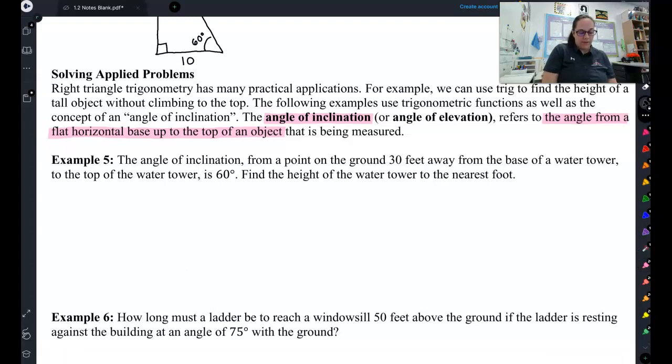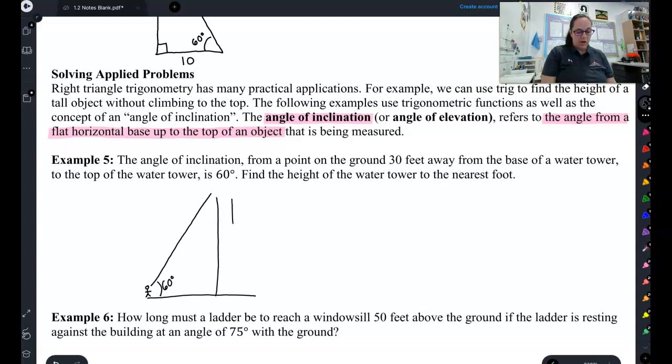So we have a flat horizontal base, and this is the angle up to the top of some object. And it says the angle of inclination from a point on the ground 30 feet away from the base of a water tower to the top of the water tower is 60. So this angle of inclination up to the top of this water tower is going to be 60 degrees. So I know that is my 60.